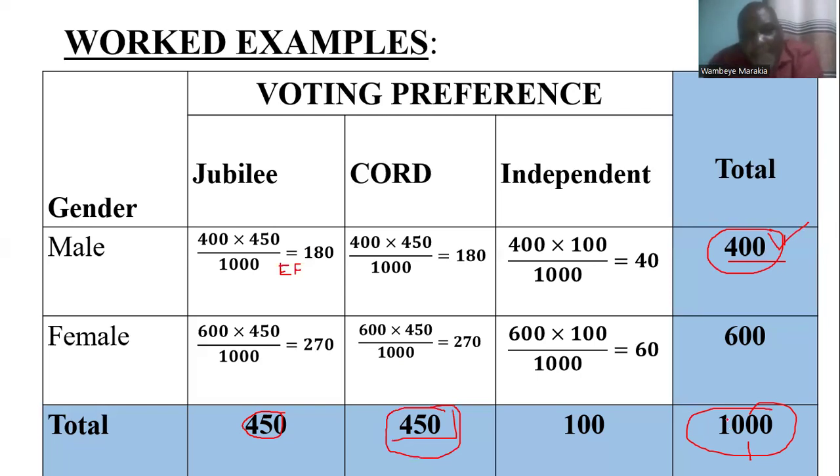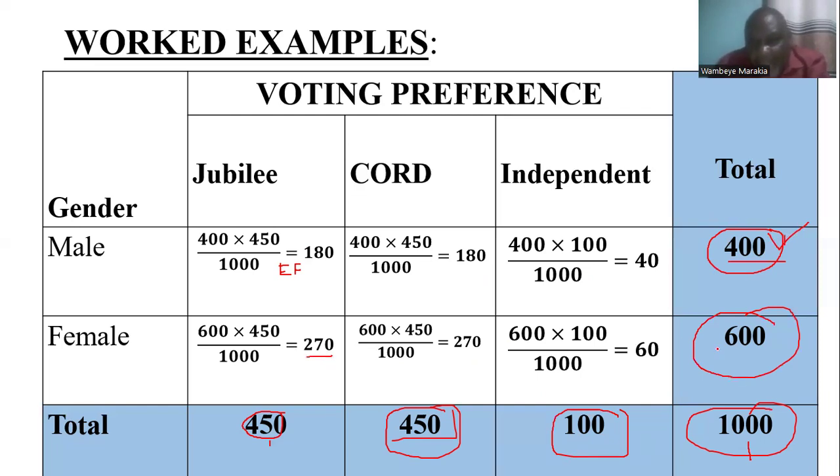Then we get to the last cell in the row, the independent cell, cell number 3. We have the total here, 400, times 100 at the bottom. So it's 400 times 100 all over 1,000, which is 40. We move again to cell number 4 and do the same thing. The marginal total at my left end here is 600 times the total down here, 450. So 600 times 450 all over 1,000 gives us 270 as expected frequency.